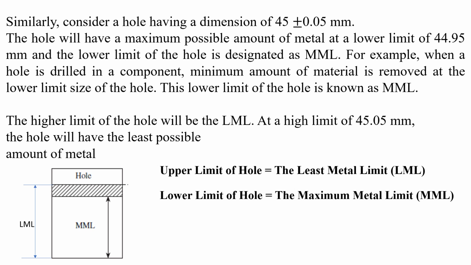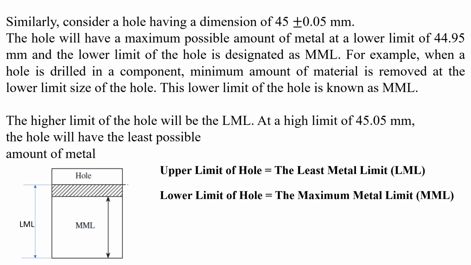So for example, when a hole is drilled in a component, the minimum amount of material is removed at the lower limit size of the hole. Then this lower limit of the hole is known as the maximum metal limit.